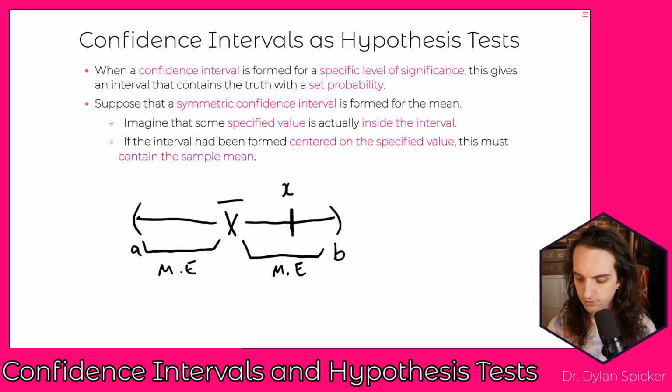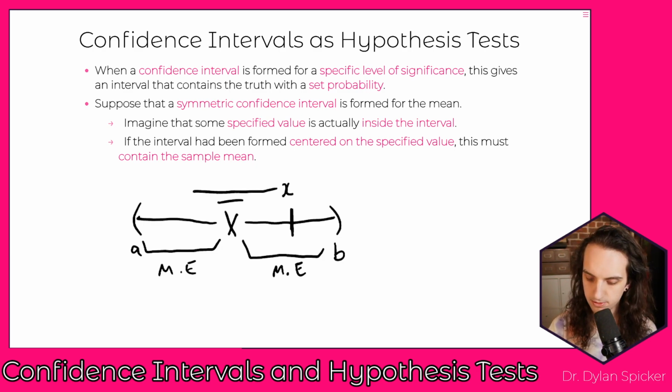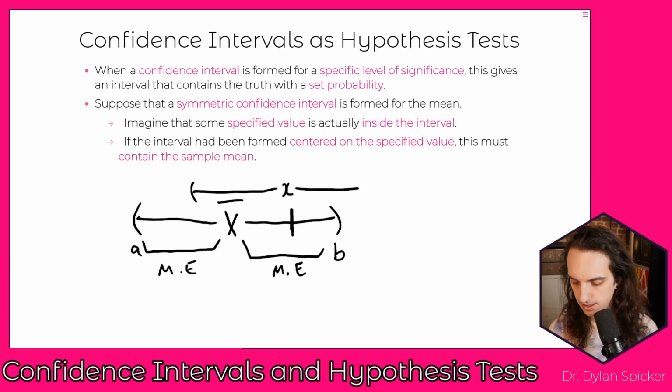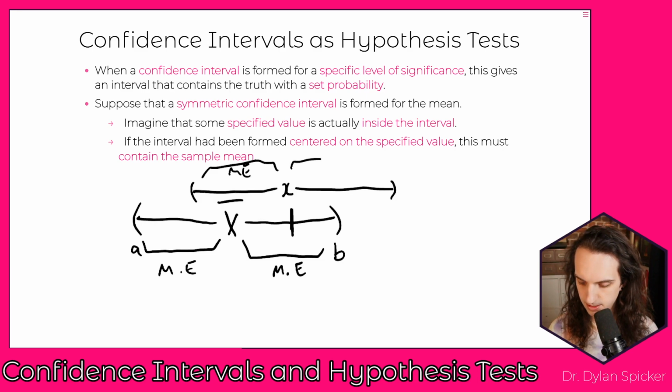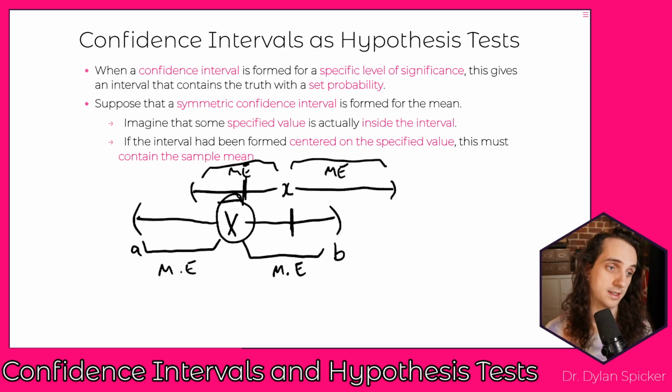If we go the margin of error down and the margin of error up from x, we're going to get a different interval. But the key point is that x bar here is going to fall within this interval. So their intervals are going to overlap. This has to be the case because of the symmetry of the interval.